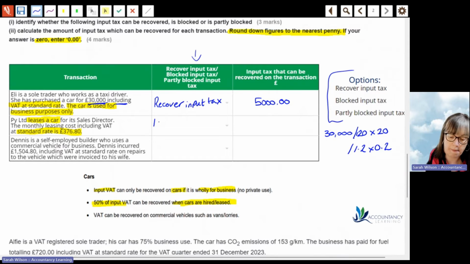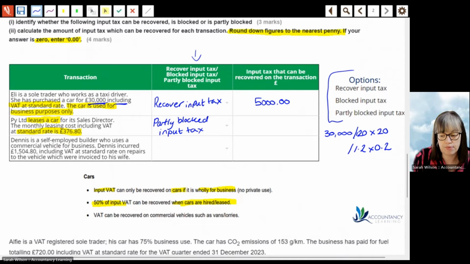So we can have this as partly blocked input tax. So we're not able to recover the full amount. We're told that it's £376.80.